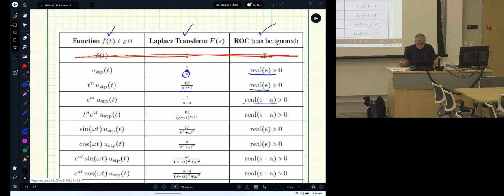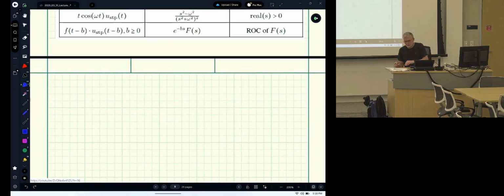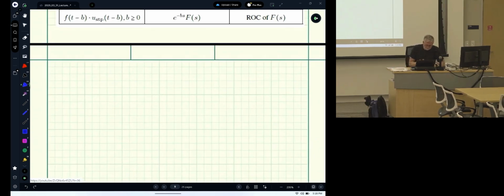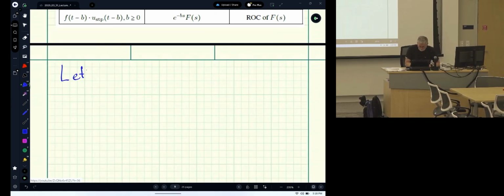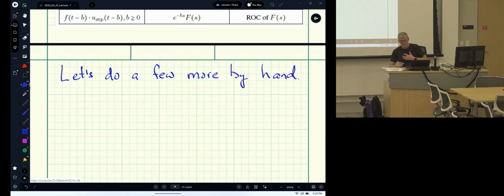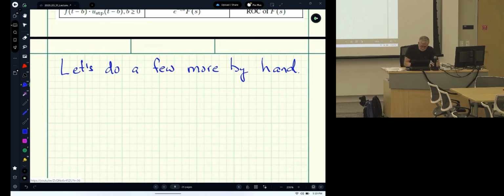It's not hard, but to be careful is a little bit tedious. Even when I was an undergraduate, after doing a few of these by hand, we got to use the tables too, okay? So you guys get to do that.